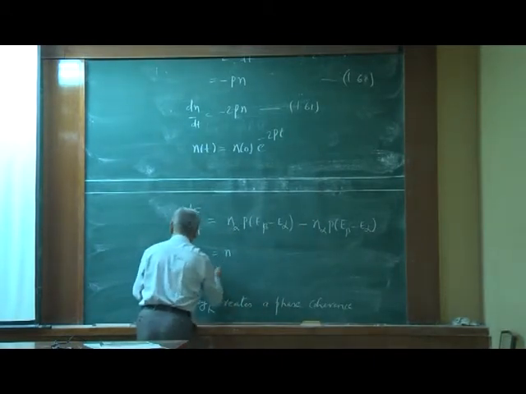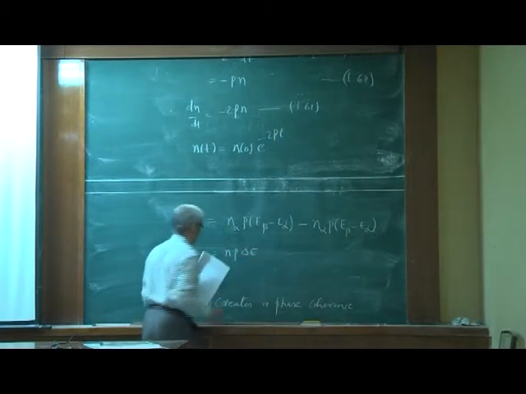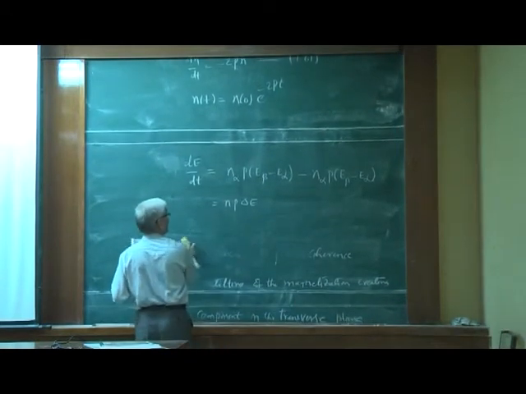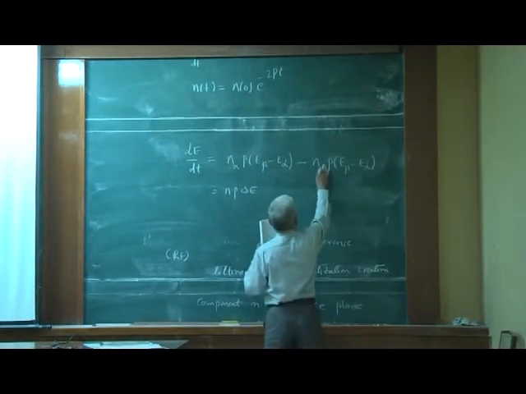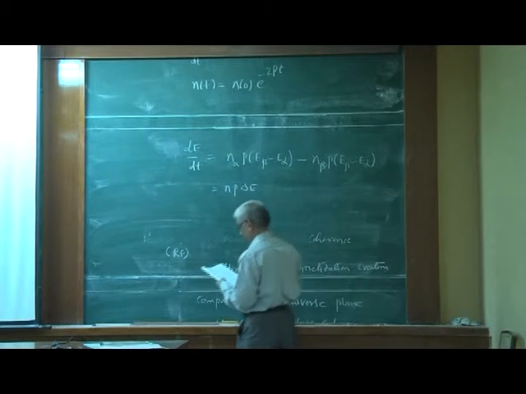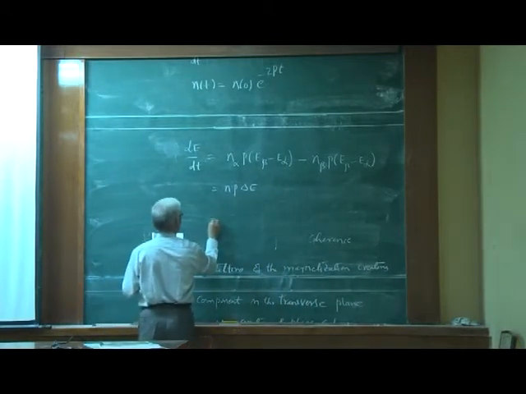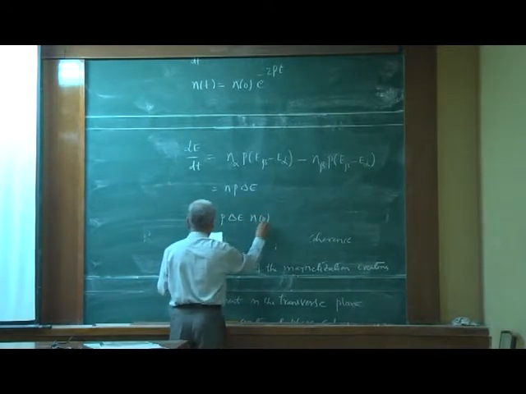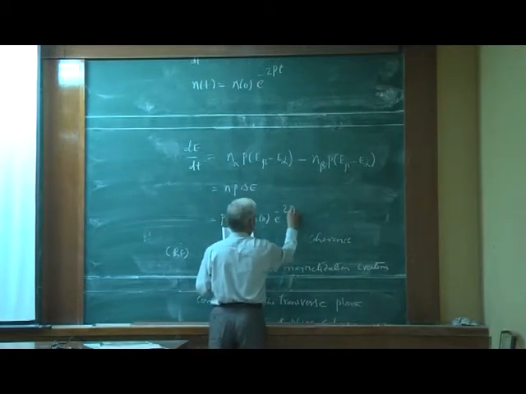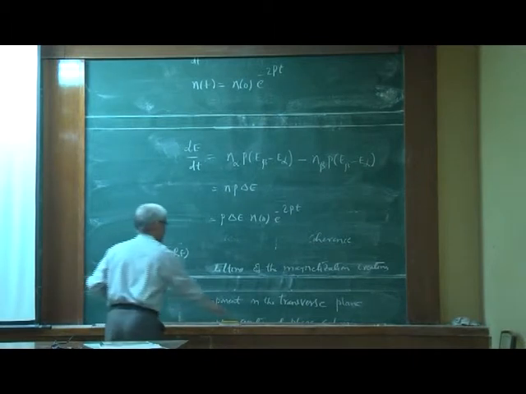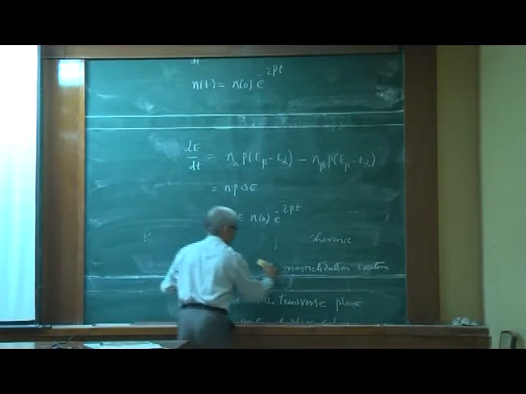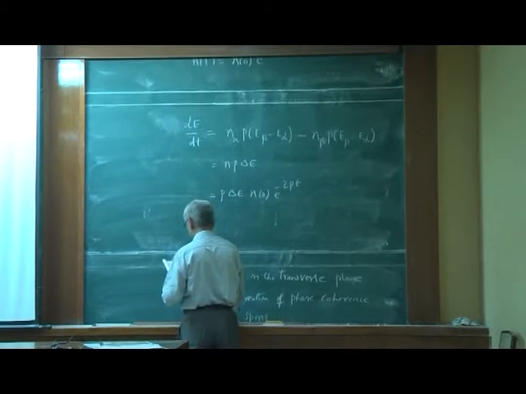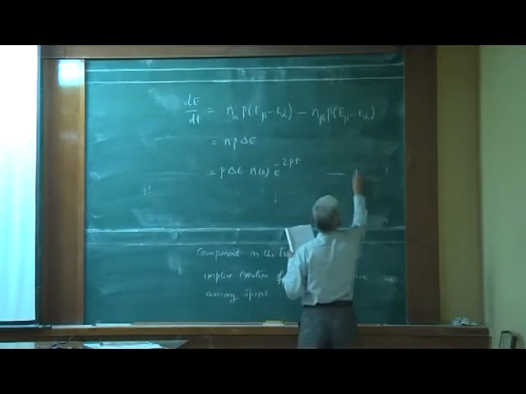So this is equal to n P delta E, and therefore equal to P delta E n of 0 e to the minus 2Pt. And this is my 1.65.